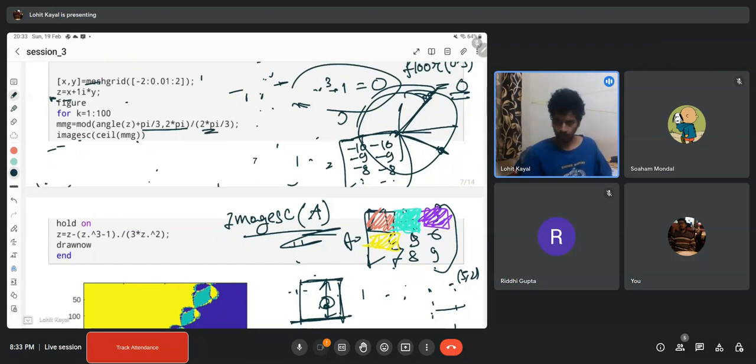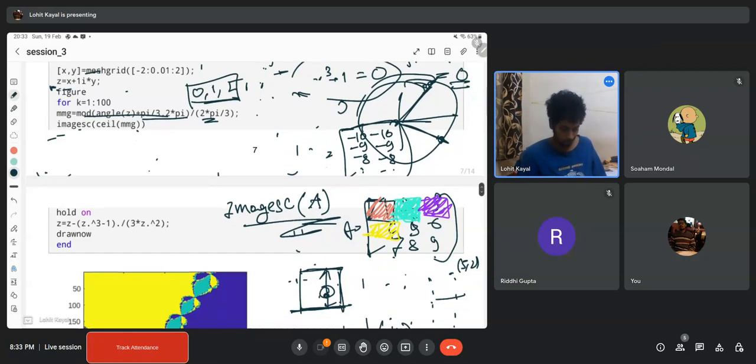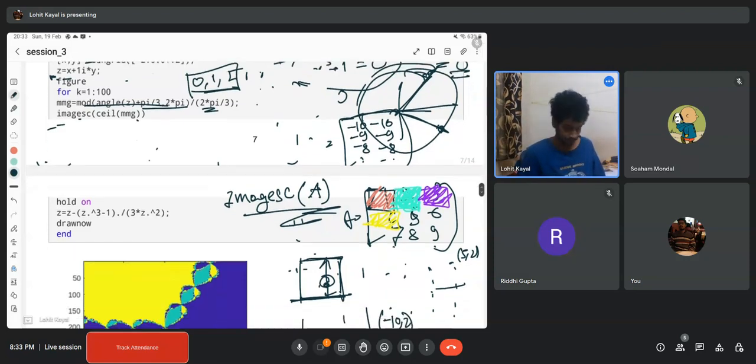If you calculate it, it will always give you 3 different values. It is designed in that manner. Most probably 0, 1, 2, these 3 are the values you will get, or 0, -1, 1, something like that. Just test it.